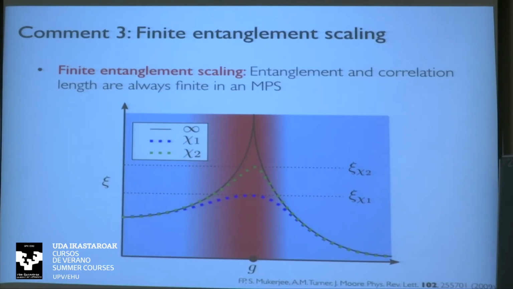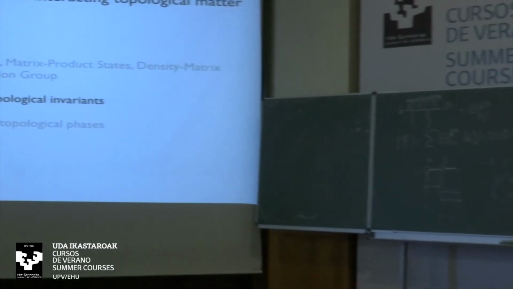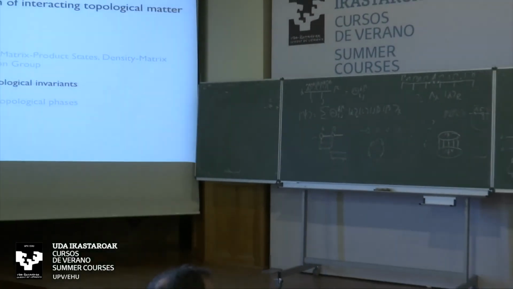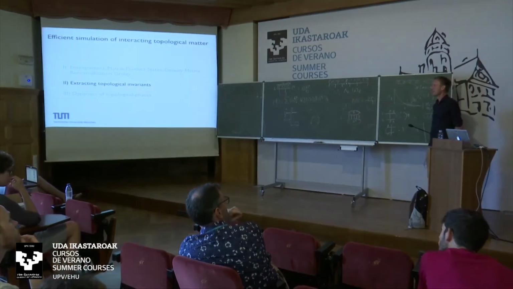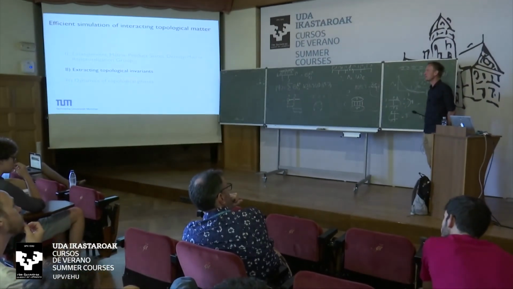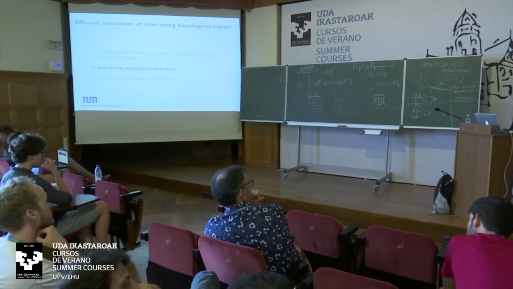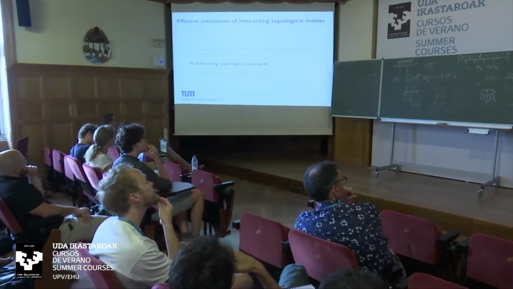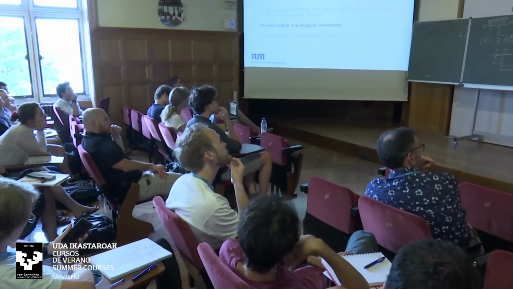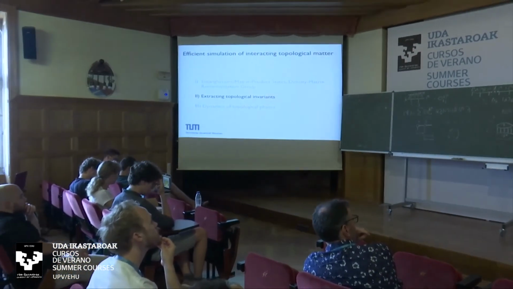Good. So this concludes the first part of what I wanted to talk about, which was an overview of how specific entanglement properties of these one-dimensional gapped local Hamiltonians can be used to show that we can efficiently simulate these systems using matrix product states.